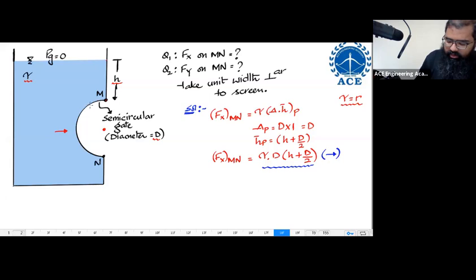Take any particular position over here. At this particular position, the pressure intensity is going to be like this, because of which you are going to have a horizontal component of force in this direction and a vertical component of force in this direction.